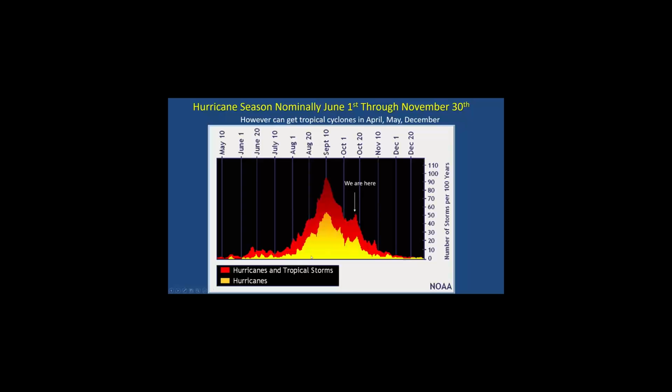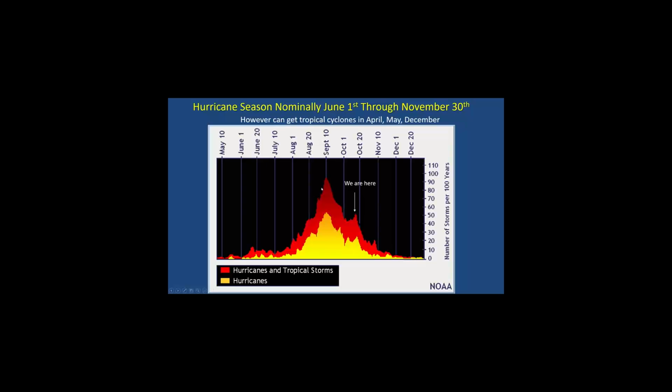So what does it tell you? It tells you that we can get hurricanes and tropical storms in June. We can actually get tropical storms in May. We've had that the last several years. But the hurricane season nominally is from June 1st through November 30th. So that's going to capture most of the activity.